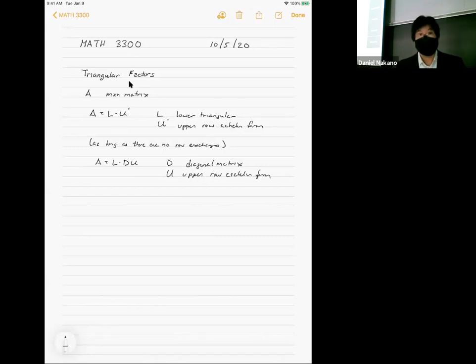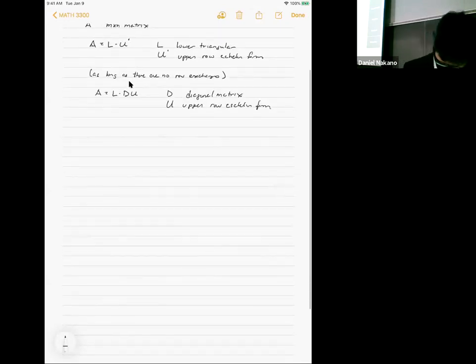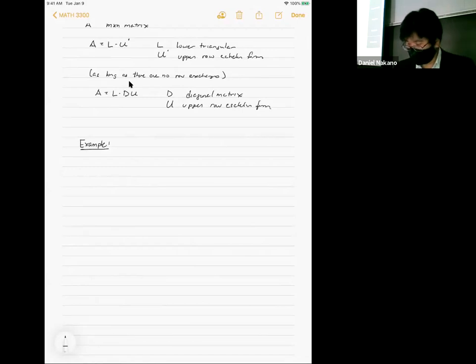All right, so let's start with an example, and then I'll show you how to do this. Why don't we start off with a system of equations.